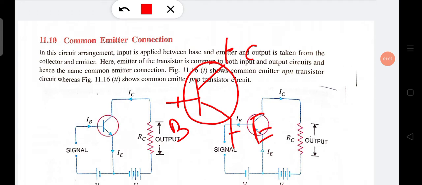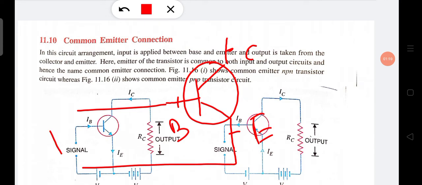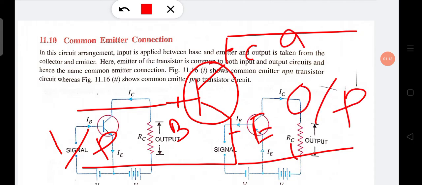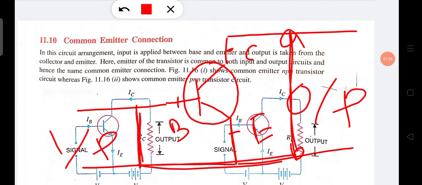Here the input is base and emitter, and collector and emitter is the output. So the emitter is common for input and output.